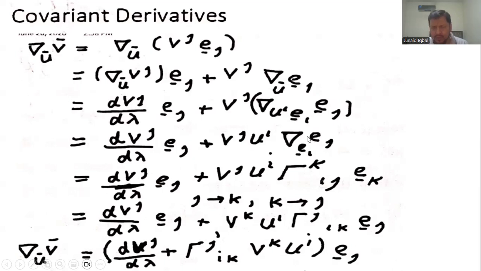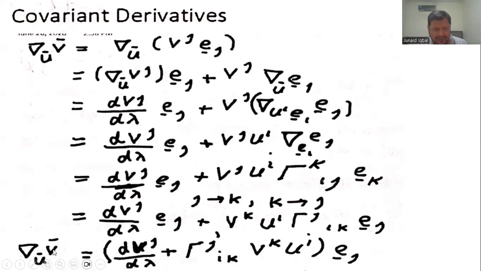Now it is actually the covariant derivative of e_j with respect to e_i, and I have explained that this can be expressed in terms of the Christoffel symbols, gamma super k sub ij, e sub k. Now replace k with j here and j with k here. So we obtain the right hand side as V^k u^i gamma super j ik e_j.